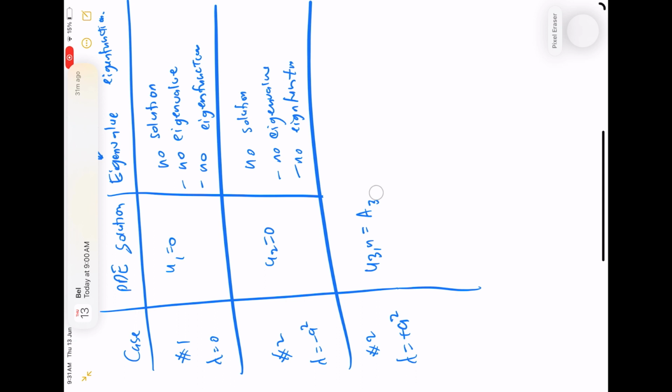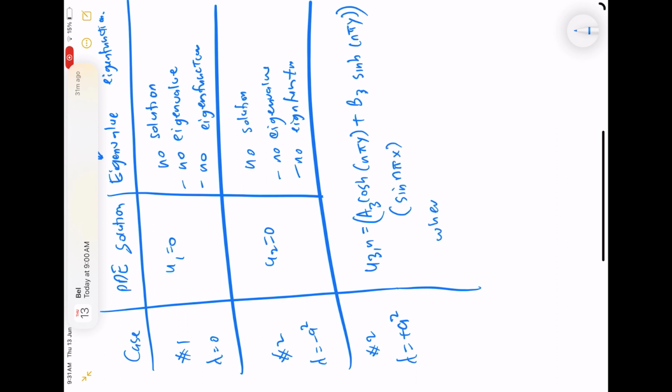I just put a3 here because we know that it has n value, cos n pi y plus b3 sin n pi y, multiplied by sin n pi x, where our n can be any value 1, 2, 3, and so on.